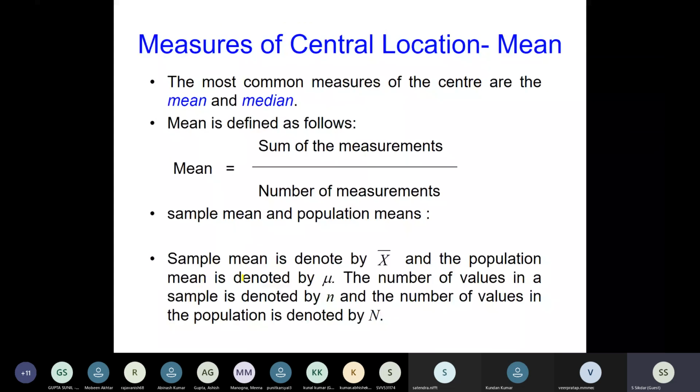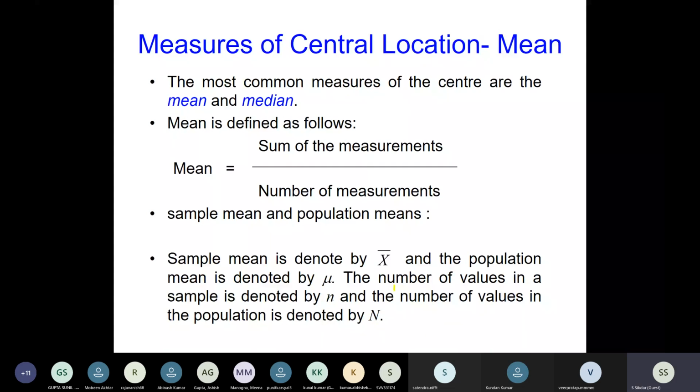The mean value is the sum of measurements divided by the number of measurements. Then we talked about there are two means: one is the sample mean, another is the population mean, because out of the whole population we take a sample. Maybe out of 100 students, I take only 10 students to study some variable. In that case, the sample mean is denoted by x bar, and the population mean is denoted by mu.